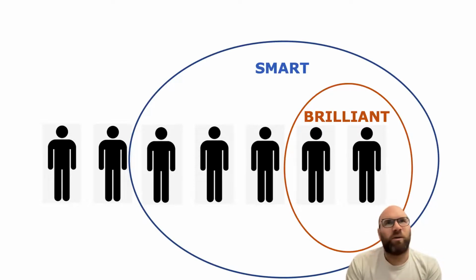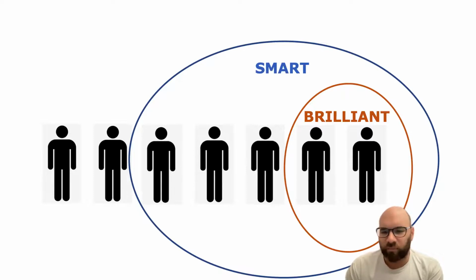So if I say one of my brilliant friends is going to help you with your computer, I've narrowed down the set even more. If I say one of my smart friends is going to help you, and you have to guess which one I'm talking about, you can narrow it down to 5 people. But if I say one of my brilliant friends is going to help you, you can make a better guess because you can narrow it down to 2 people.